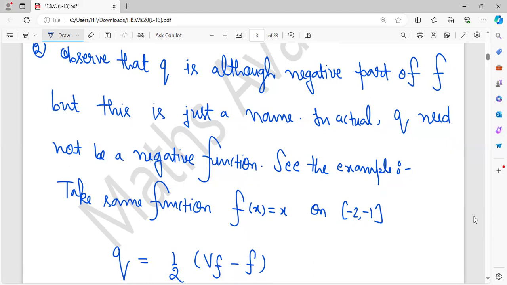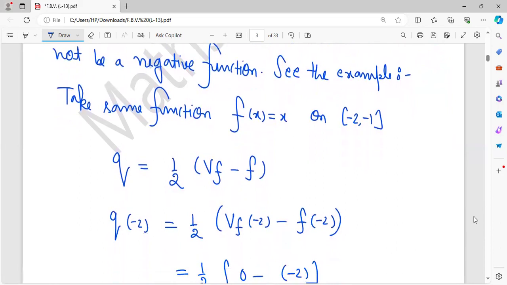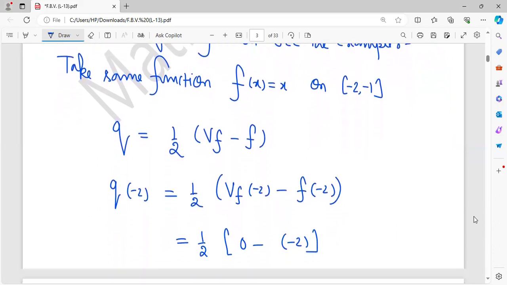So you evaluate Q at -2. Q at -2 is equal to 1/2 (Bf at -2 minus f(-2)). Again, the variation function at the initial point is always zero, so I have put the value 0. And what is f at -2?